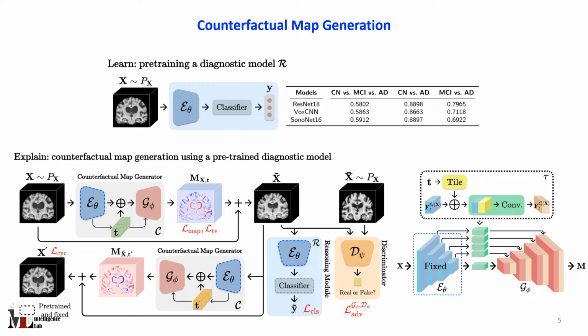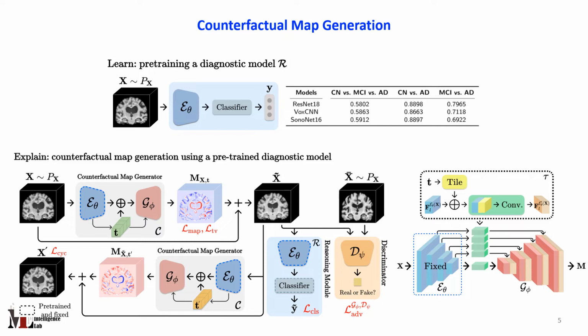For example, if the input is an Alzheimer's disease brain and the target condition is a condition for a normal brain, the generated counterfactual map is a map that has an attribution to make the input into a normal brain. To this end, we used 5 loss functions.